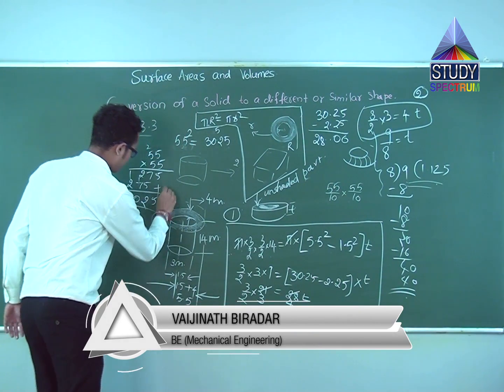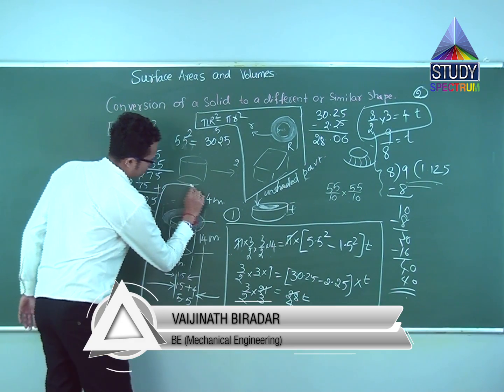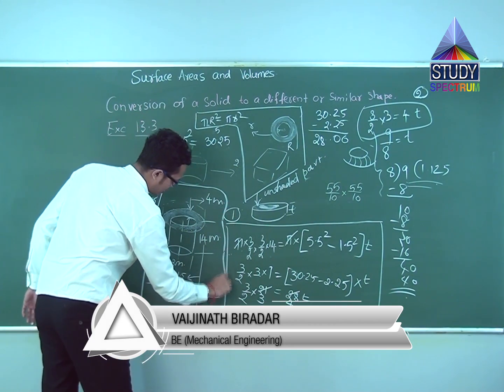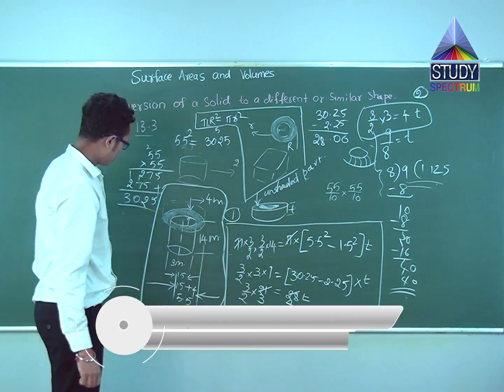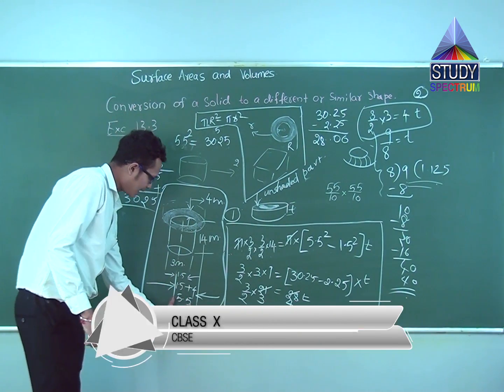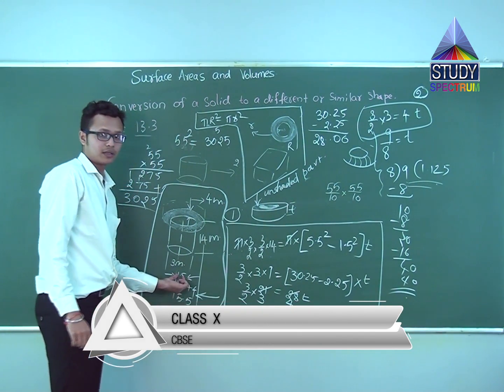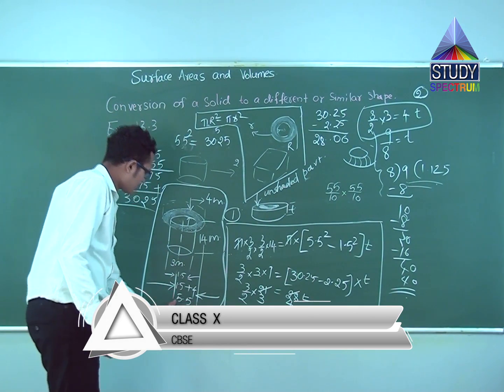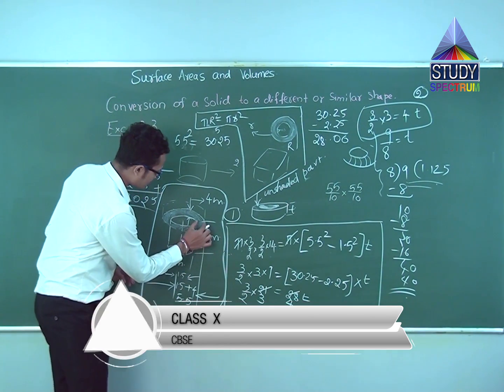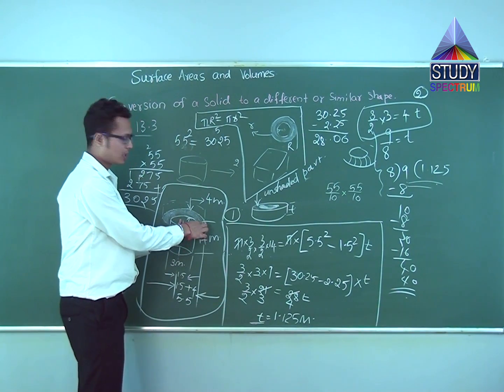And this is your problem, the given problem. And I have written directly 5.5 and 1.5 here. In case you got confused, it's pretty simple. Thickness is given. I am supposed to find out the outer radius.